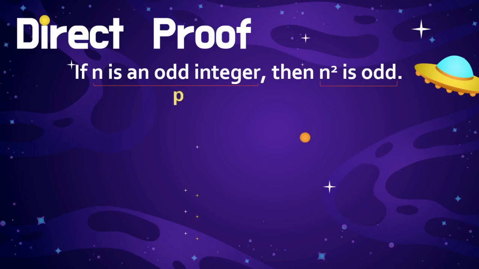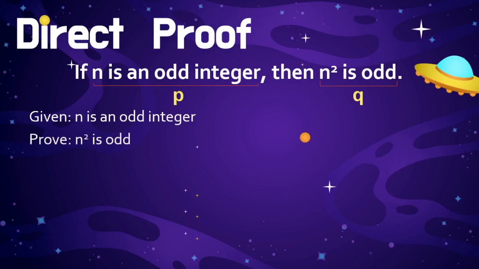That is our P. And the phrase after then will be our conclusion or our Q. Okay? So, our given is n is an odd integer. Now, we need to prove yung conclusion. So, what is our conclusion? We need to prove that n squared is an odd number.